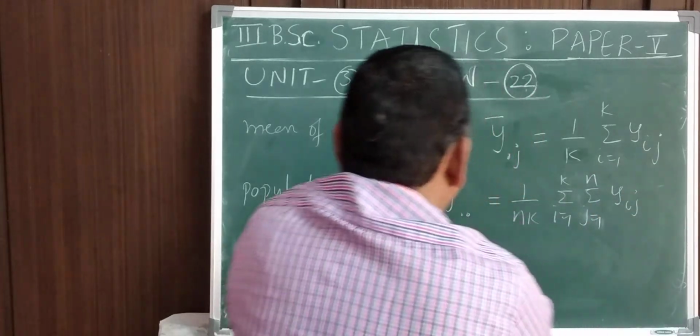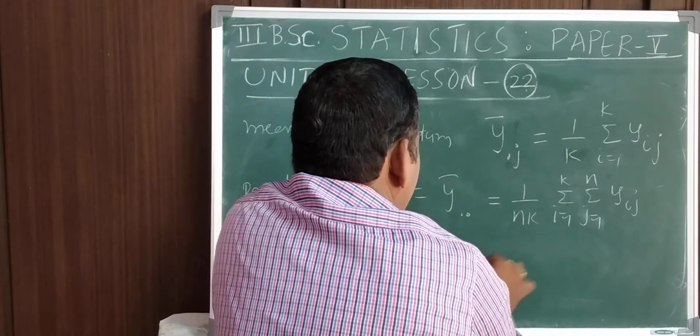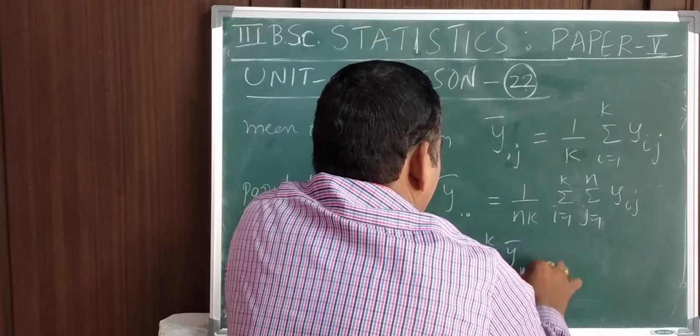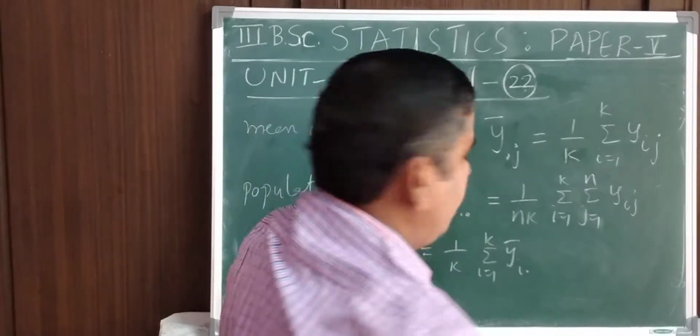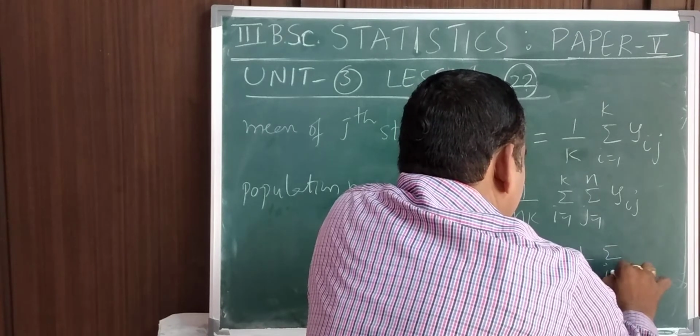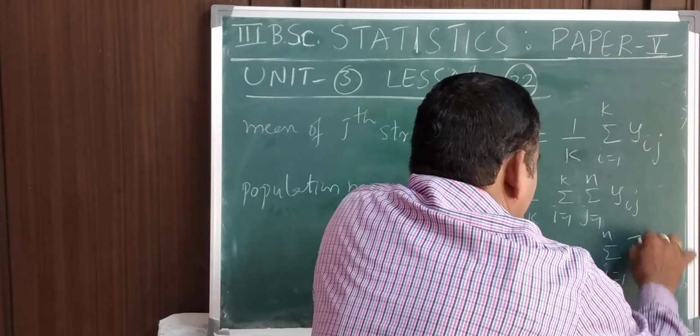The formula can also be written as 1 by k summation i equals 1 to k y bar i dot, or another formula 1 by n summation j equals 1 to n y bar dot j.